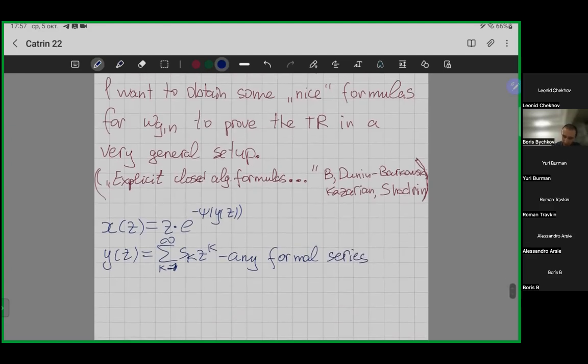And psi here, psi of y, is also any formal series.